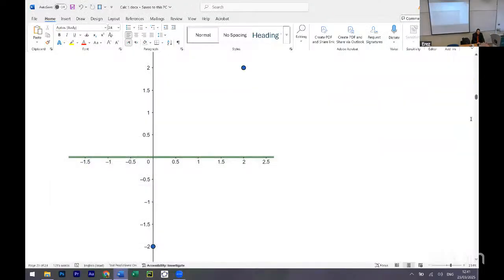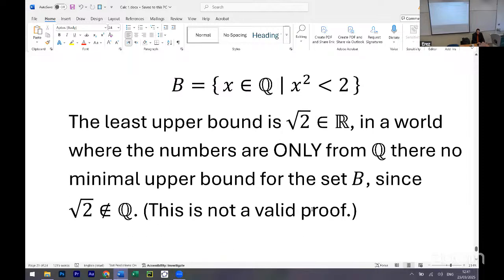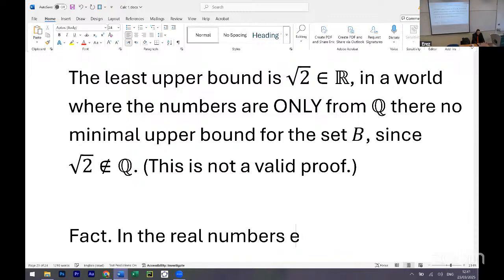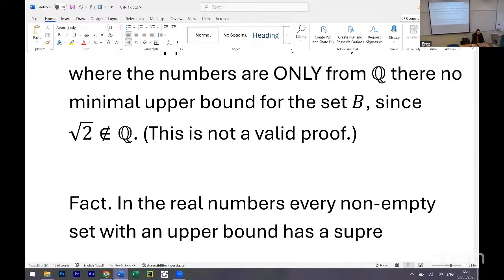So, facts which I won't begin to prove, facts in the real numbers: every non-empty set with an upper bound has a supremum.